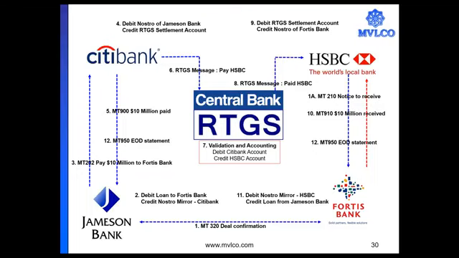To summarize then, the basic difference between a 202 and a 205 is a 202 is to be used for a cross-border payment transaction like the one which you see on the screen, and a 205 is to be used when the transaction is done within one single system, within one single country. That's how the 202 and 205 will differ.